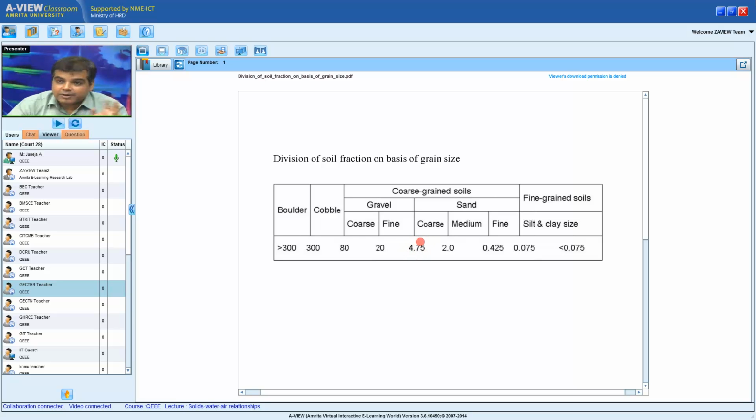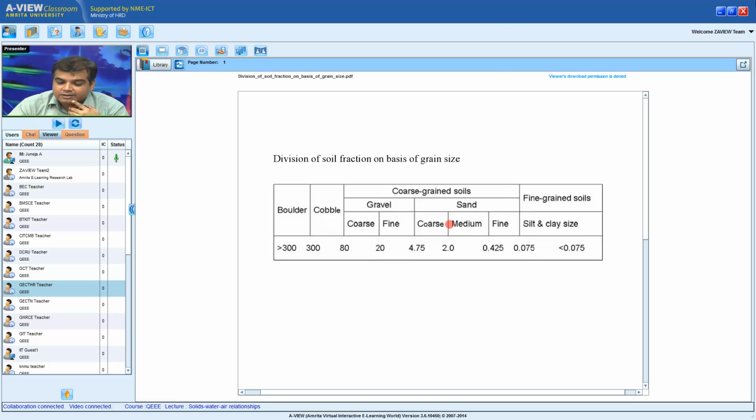We are not going to look at the various sizes other codes follow. Let's simply look at the IS code for the time being. 4.75 millimeter is a good number to remember, which is the division between gravel and sand. Likewise, 75 micron or 0.075 millimeter is a good number to remember, which is the division between fine grained soils and coarse grained soils.